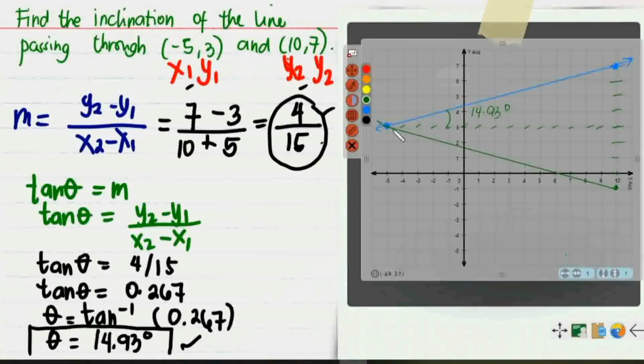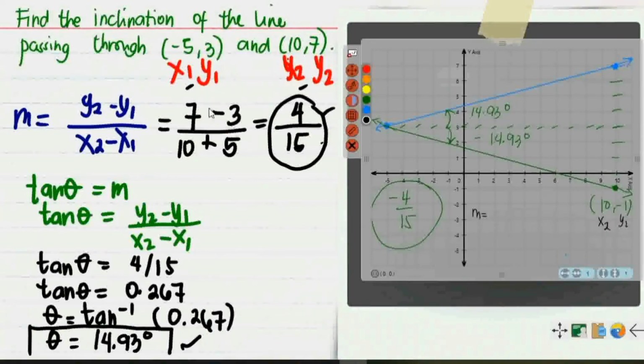Sa line nga pala to. Ayan. So, pag pinlift natin yan, so yung angle niya, magiging negative 14.93 degrees. So, yung slope niya is magiging negative 4/15. So, kapag try natin yan. So, 10 and negative 1. So, isolve natin. M x sub 2, y sub 2.